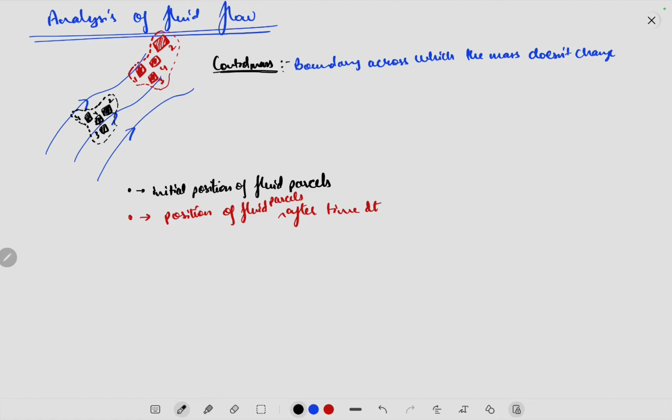Can you think of some examples where you have studied problems using the concept of control mass? Think about it. You've already done some problems.